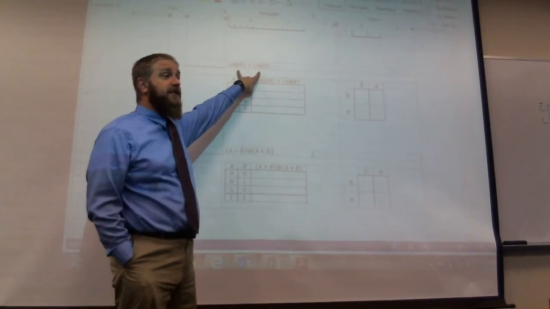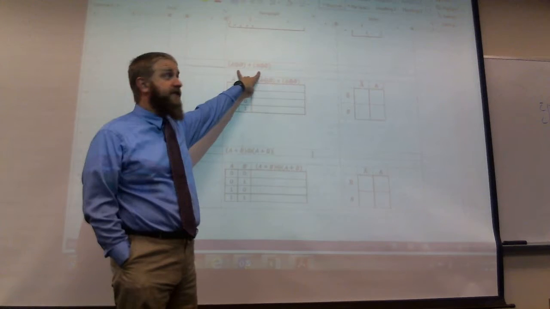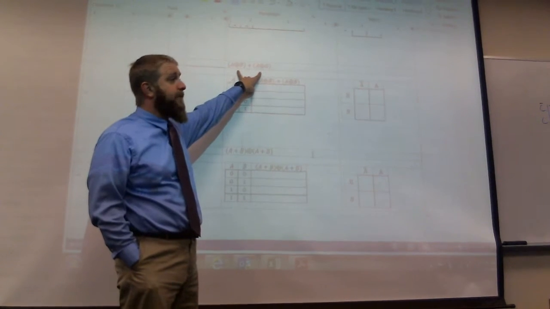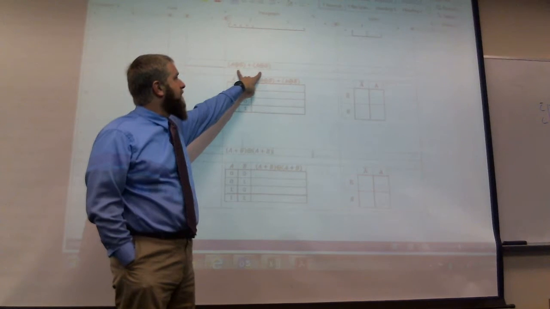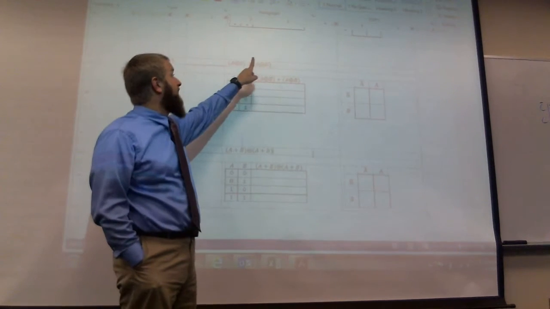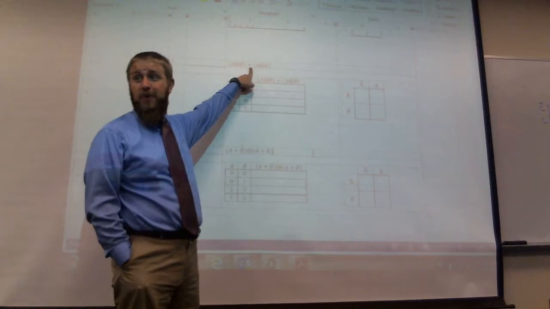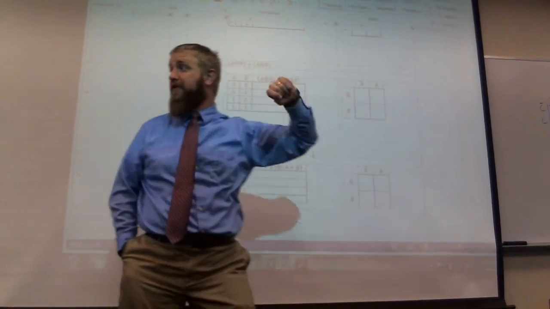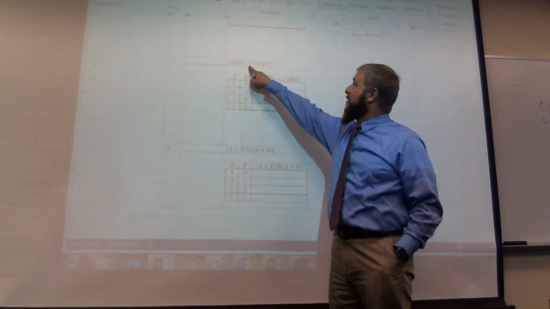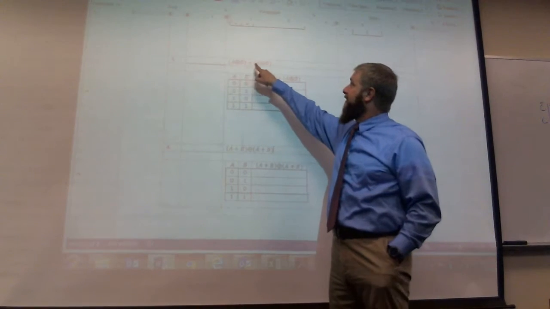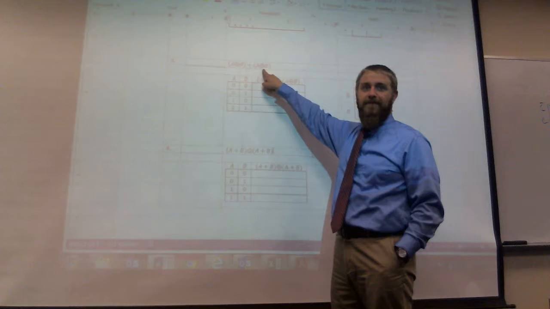Before you plug this into a truth table, there's a pretty simple way of simplifying this expression. What is it? Not 1, because it's OR in between. So we actually got to apply the OR rule for this. What's the OR rule when the thing on the left is equal to the thing on the right?